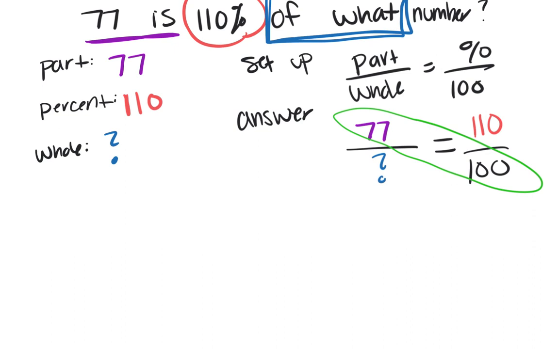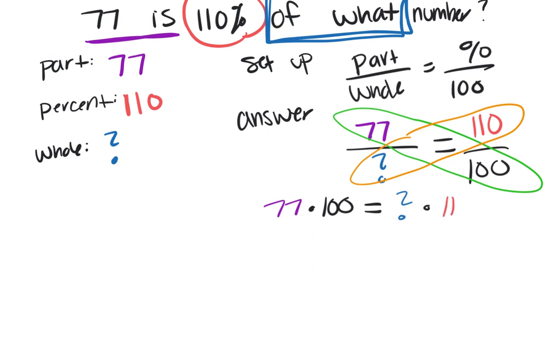So this way I have 77 times 100 equals, cross multiply the other way, and the other way I have my question mark times 110. Now I go through and I multiply what I can and what I know how to.